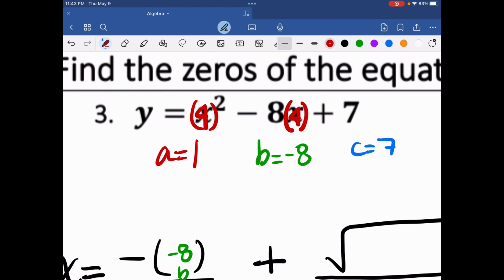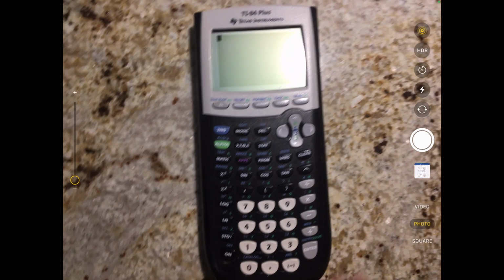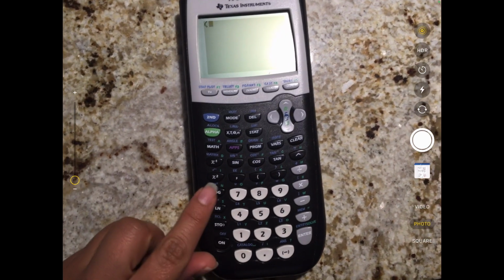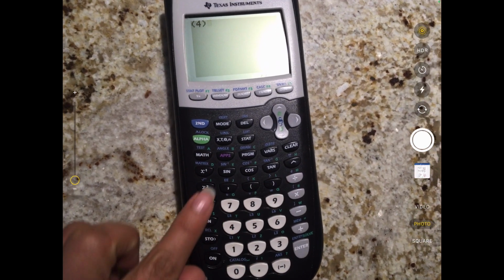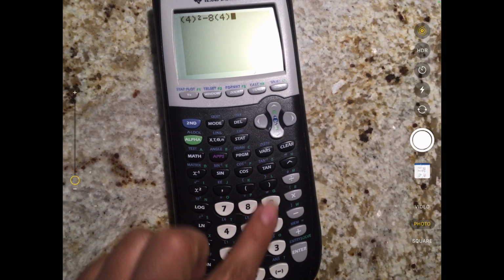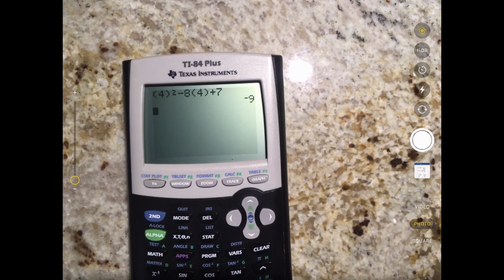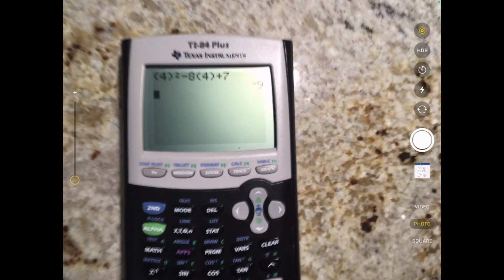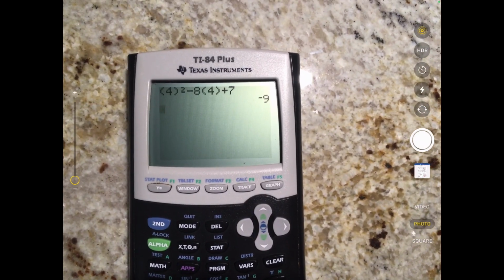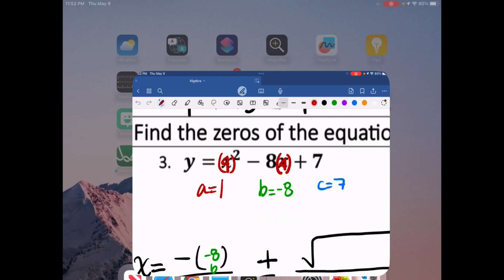So I'm going to put that in the calculator. Okay, so here's my calculator from college. 4 squared minus 8 times 4 plus 7. And our answer is -9. So that would be the vertex, (4, -9). So let's come back.